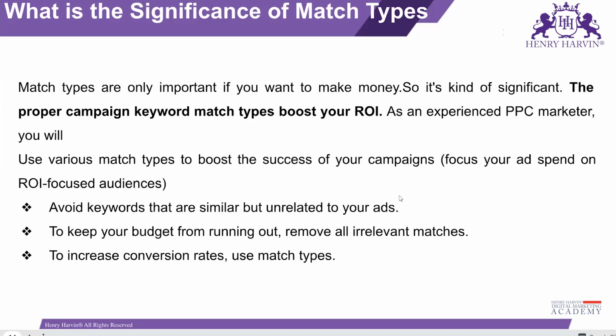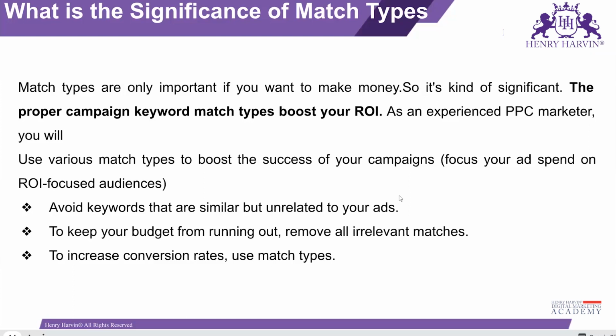To keep your budget from running out, remove all irrelevant matches. If Sendinblue is showing an ad on how email automation tool works, definitely out of curiosity I will click on that, and they will have to pay the bid amount for that particular click. Will I buy?